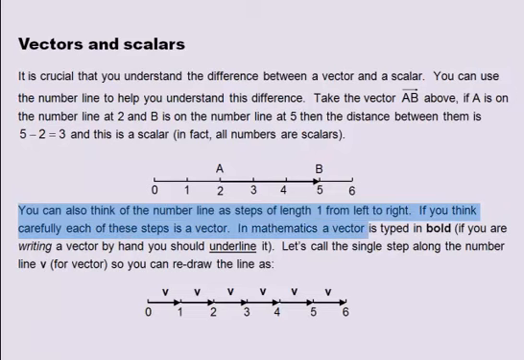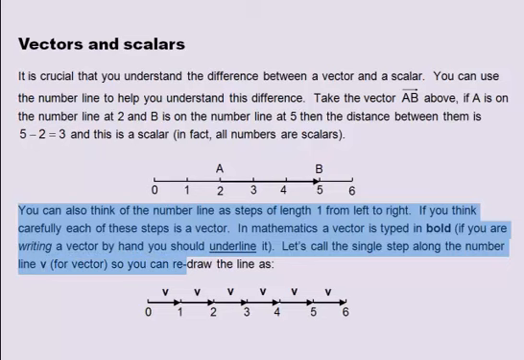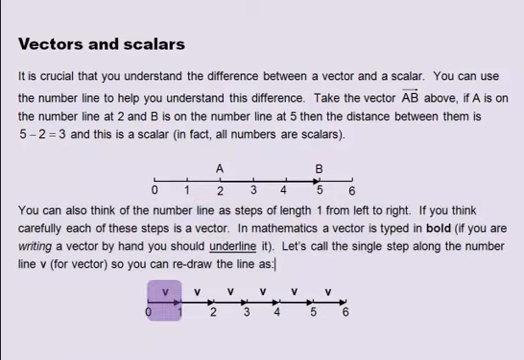In mathematics, a vector is typed in bold. If you are writing a vector by hand, you should underline it. Let's call the single step along the number line v for vector. So you can redraw the line as this. Each use of the vector v takes us one step further along the number line. Here you can see we can go from 0 to 1. And here from 4 to 5.